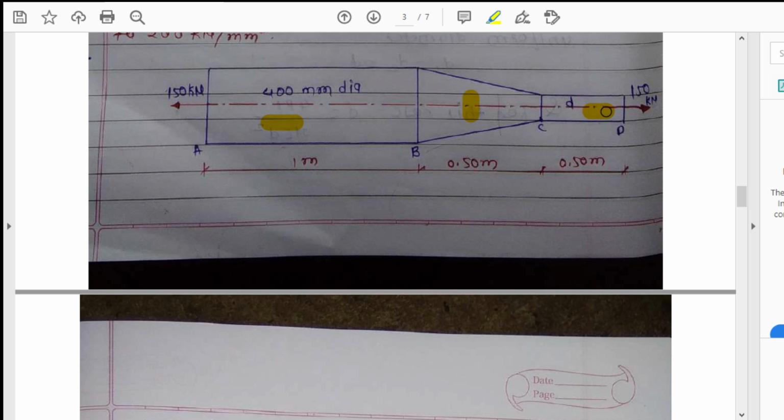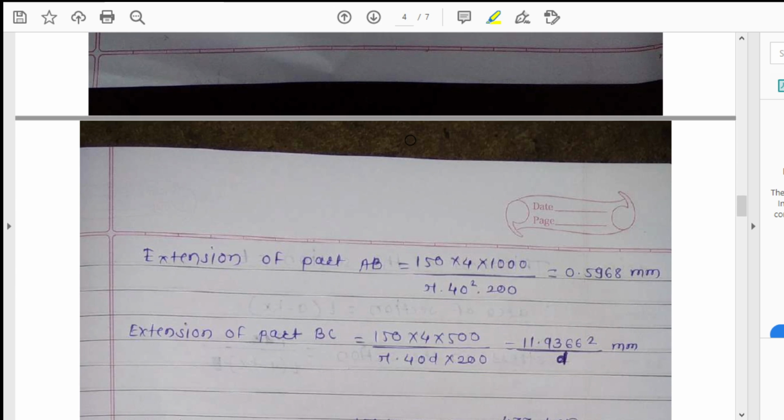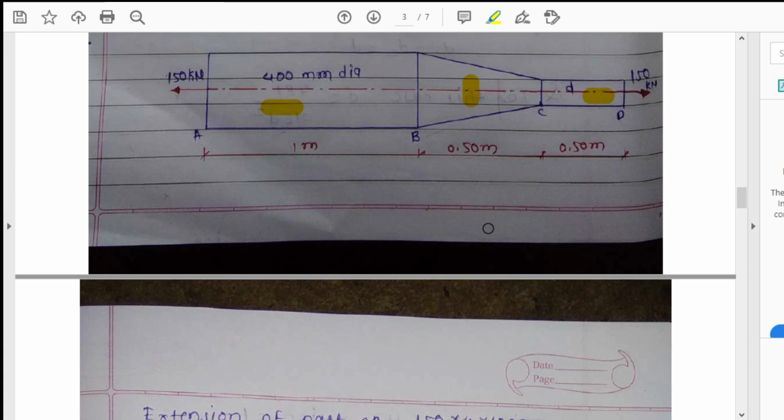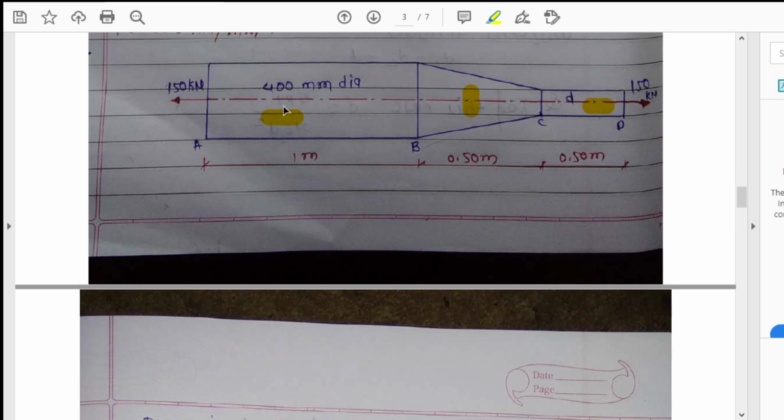Now for the first part A to B, we'll calculate the extension as 4PL upon pi E d square. Here I have used d square because the 40 diameter is obviously the same at both ends, at A end and at B end also.